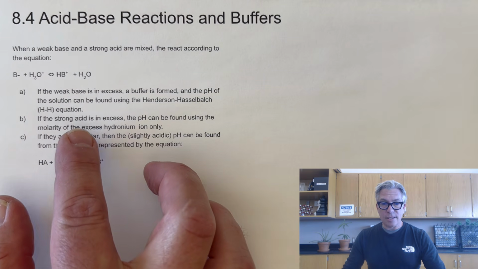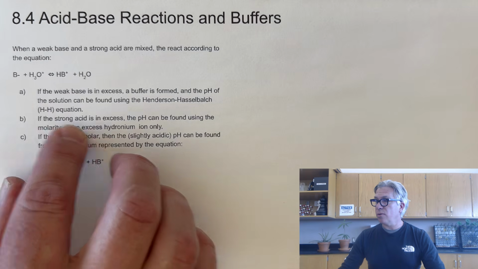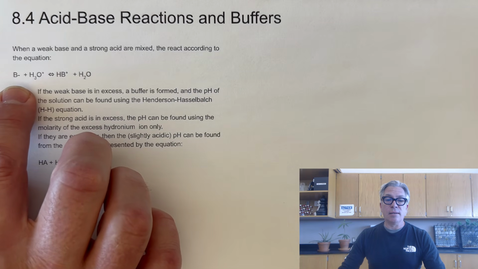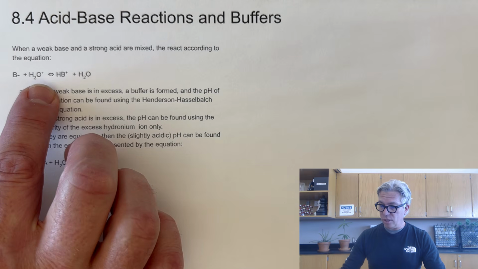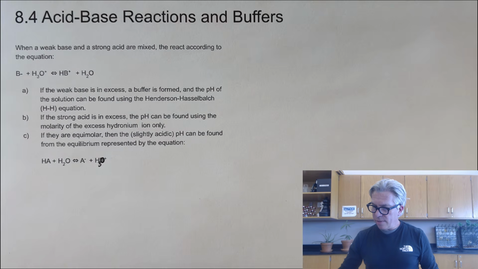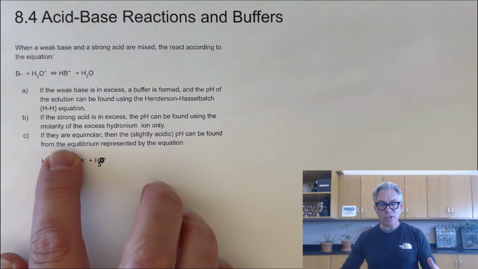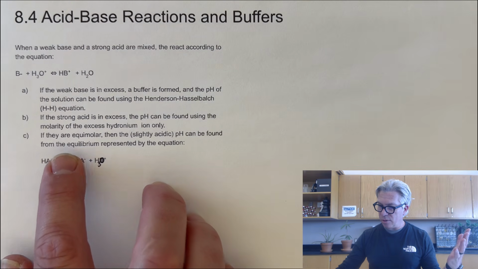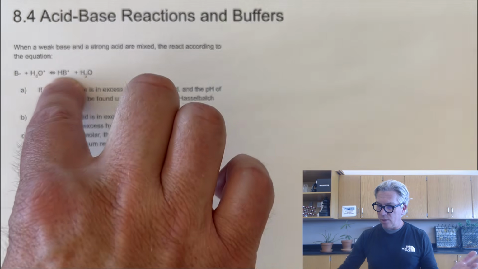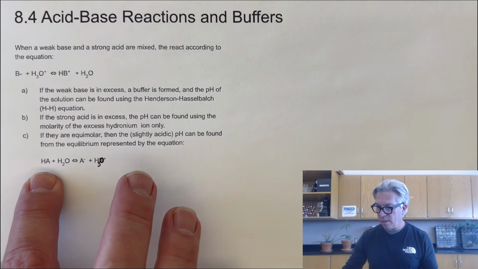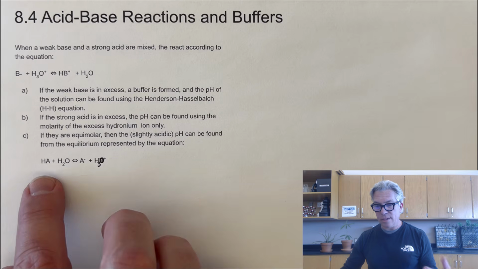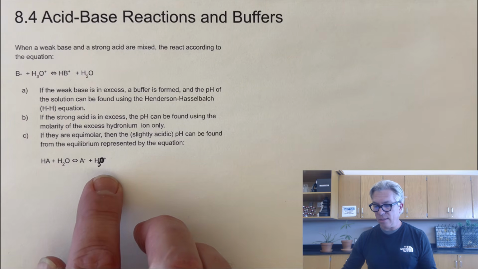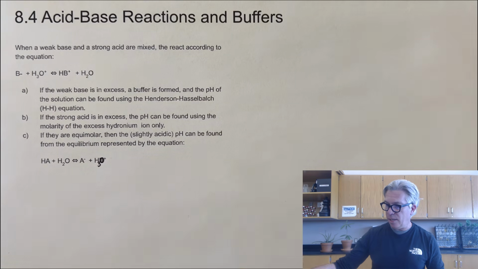If the strong acid is in excess, that means we've neutralized all the base and we just have excess acid in there, and so we can just find the negative log of the concentration. And if they're equimolar, we get to the endpoint of the titration, and we've produced all HB+, which I converted into HAs now because they're conjugate acids. It will then reset up an equilibrium with the anion, the conjugate base, and some hydronium ions, and you'll get a slightly acidic pH out of that.